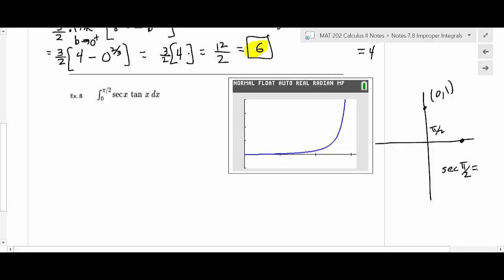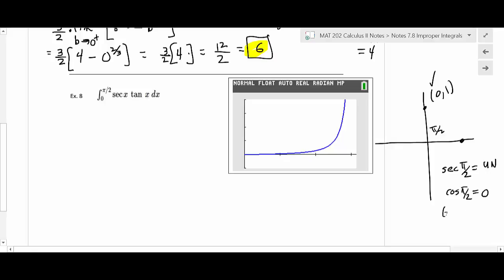What is the secant? It's the reciprocal of the cosine, right? What is the cosine of pi/2? 0, right? Cosine's the x value. So therefore, what's the secant? It's undefined. So we have a problem there, don't we?